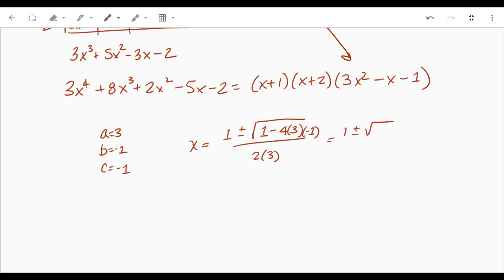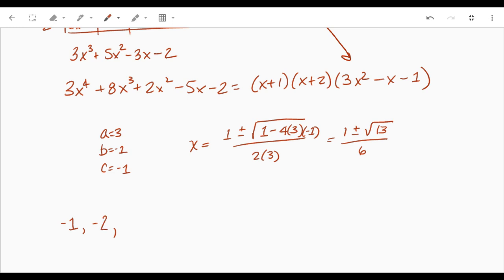So that's going to be the square root of 13, right? 4 times 3 times negative 1 will be a negative 12. 1 minus a negative 12 will be 13 and over 6. Okay, so that gives me my 2 other zeros with the plus and the minus. So all of my zeros, I have negative 1, I have negative 2, they want you to split the numerator, it looks like in here.